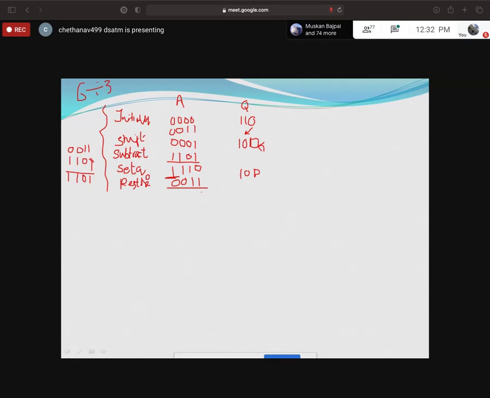Now I'm going to restore it. That means 0 plus 1 is 1, 1 plus 1 is 0, carry 1, 1 plus 1 is 0, carry 1, 1 plus 1 is 0, carry 1. That carry 1 is an additional overflow bit, just neglect it. So we have data something like this. Till here you have completed your cycle 1, first cycle.